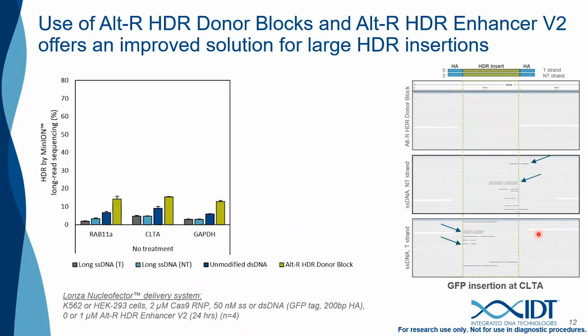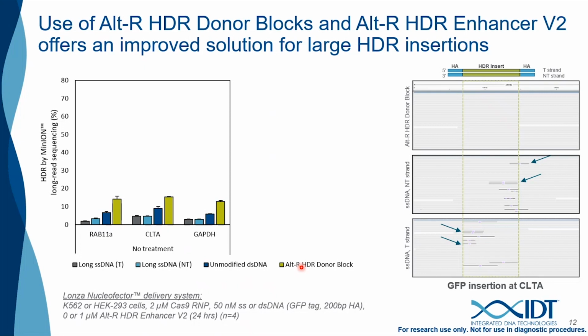All right, so here I want to highlight, once we had identified our best modifications for the Alt-R HDR donor blocks, we then went into looking at how it behaved with large knock-ins relative to other alternative templates. Here we're comparing long single-stranded DNA, shown in gray and light blue, versus an unmodified double-stranded DNA product, in green, and our Alt-R HDR donor block.